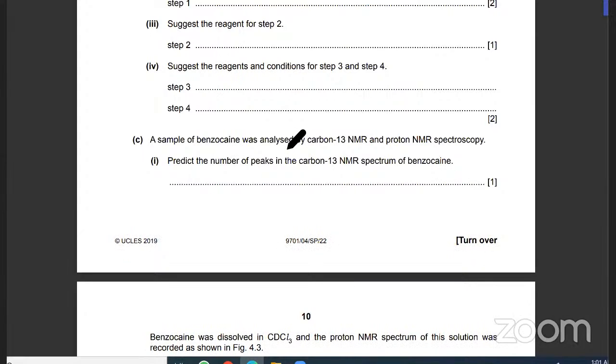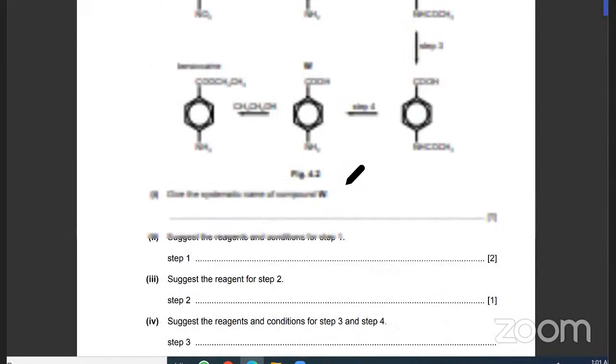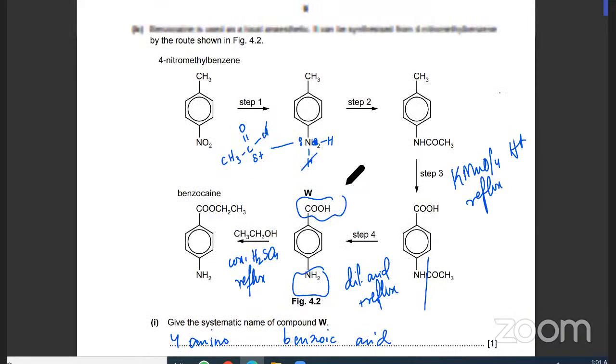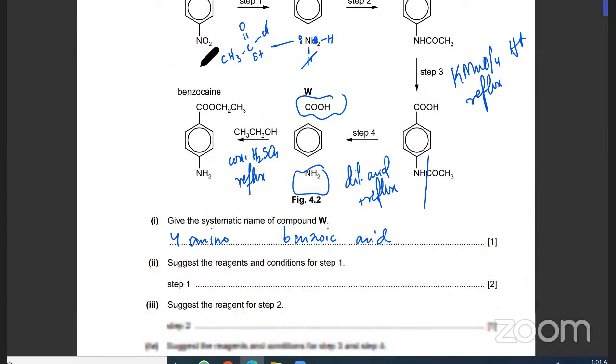Okay. A sample of benzocaine was analyzed by carbon-13 NMR and proton NMR. Predict the number of peaks in the carbon-13 of benzocaine. What's benzocaine? This is benzocaine. So how many carbon-13 environments does this have?